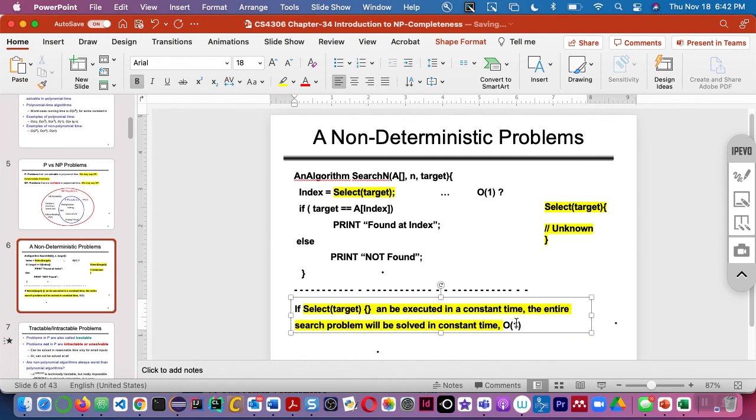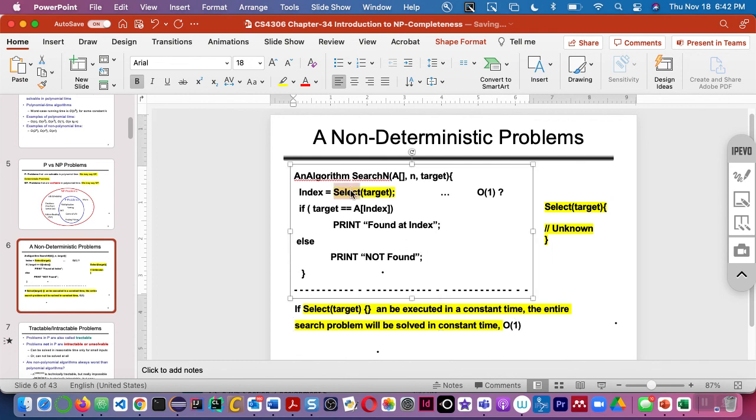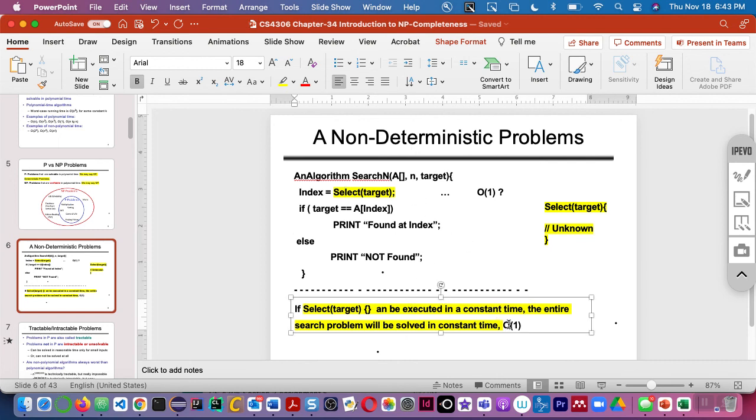Now we are assuming that there is a method like a select method, or a find method, that will give the index in constant time. But so far that does not exist. If it exists, then the searching algorithm can be solved in constant time.